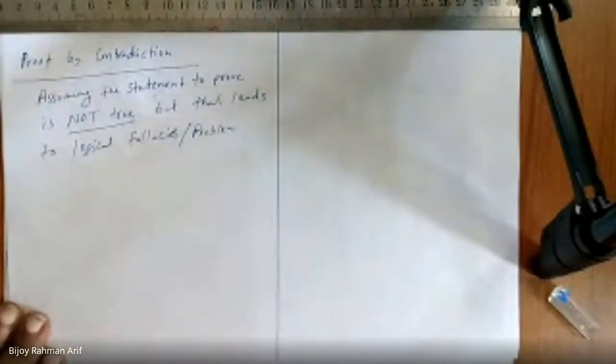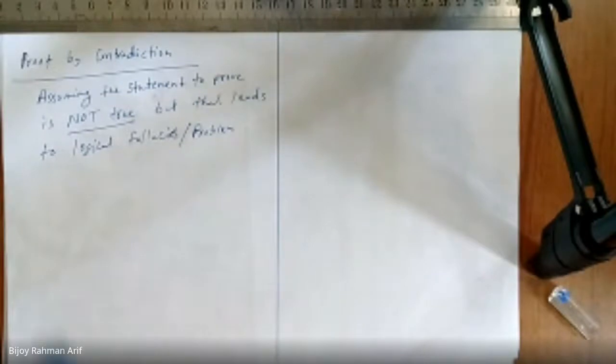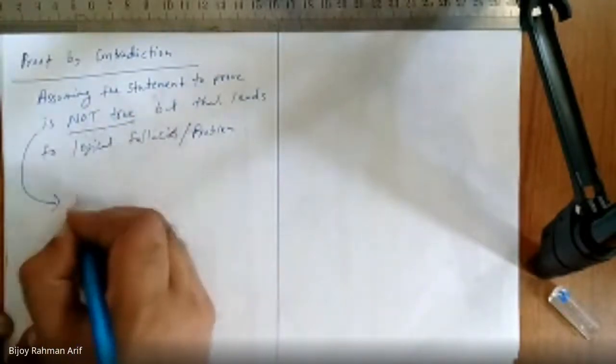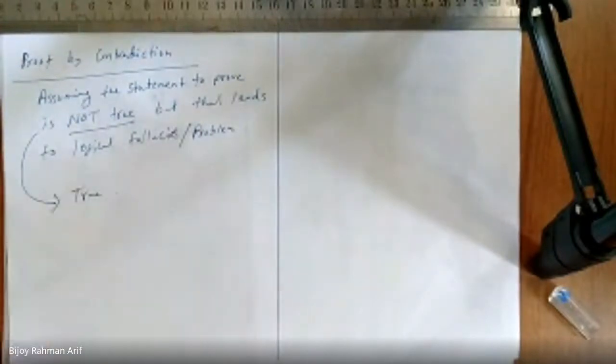We consider that whatever we want to prove is false. But if we consider that false, we get a lot of problems, fallacies. So actually it cannot be false. It is definitely true. So this is called proof by contradiction.